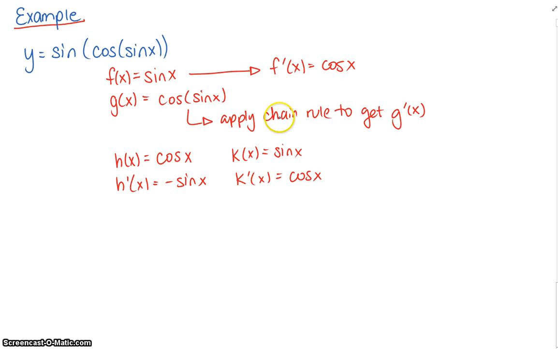So, to get your g prime of x, you take your cosine, find its derivative, so negative sine, and wherever we see an x, we plug in, in this case, our k of x, sine x, and we multiply it by the derivative of that, which is cos x. This then becomes our g prime up here.